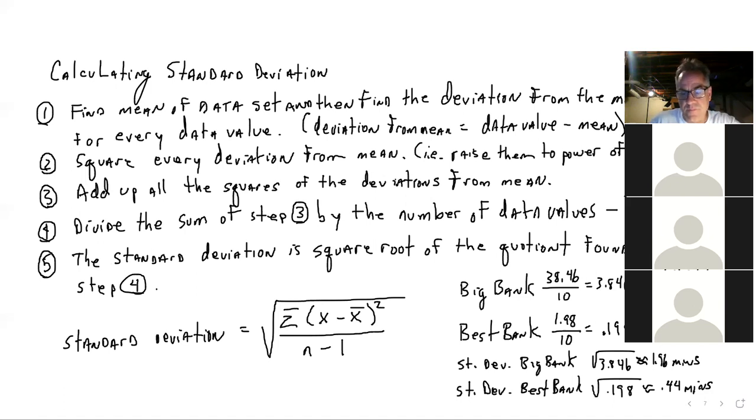Yeah, it's a little bit less, but it's kind of in the ballpark. And 1.2, which was the range for Best Bank, divided by 4 is about 0.3, which again is a little bit less than this, but it's in the ballpark.